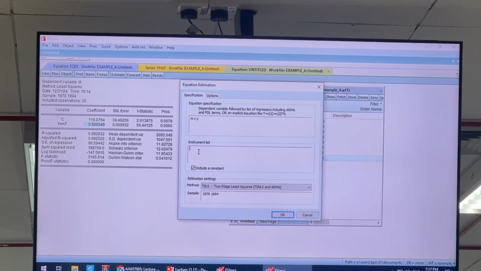So you can just put I and g, the exogenous variables. Okay, and then just okay.